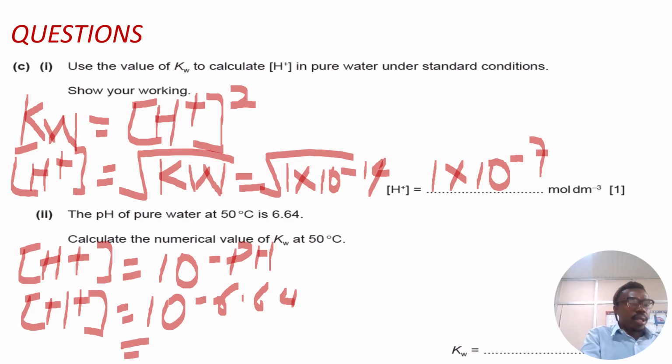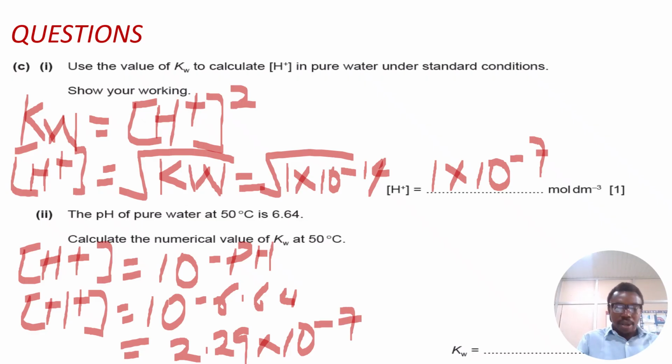So I'm going to use my calculator now. 10 raised to the power minus 6.64, which is equal to 2.29 times 10 raised to the power minus 7. So the concentration of hydrogen ion is equal to 2.29 times 10 raised to the power minus 7.